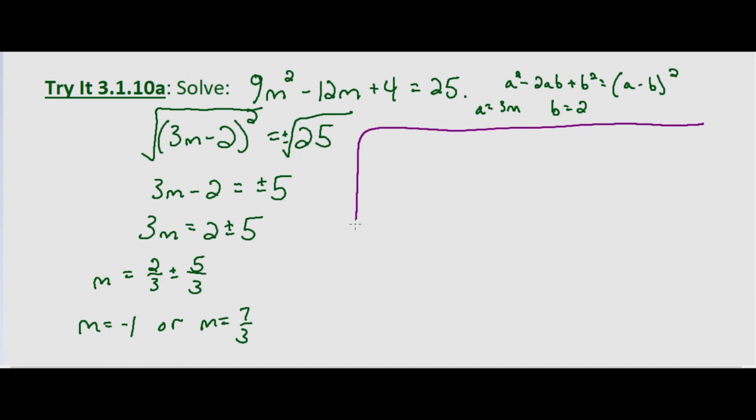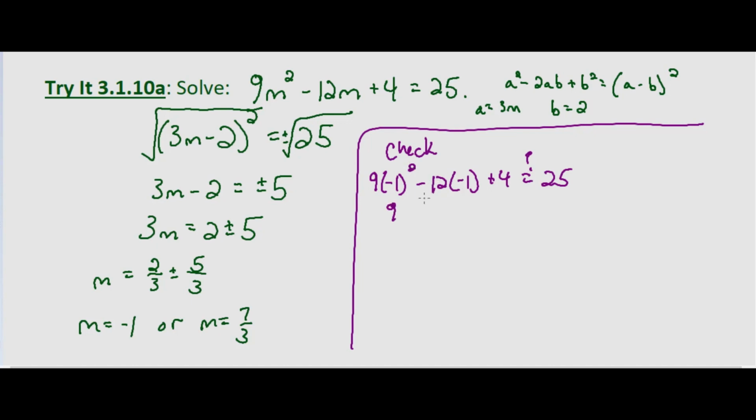As always, we check our solutions by substituting into the original equation. So we want to know, does 9, let's go with negative 1 first, 9 times negative 1 squared minus 12 times negative 1 plus 4, does that equal 25? Negative 1 squared is just 1, so this is 9.